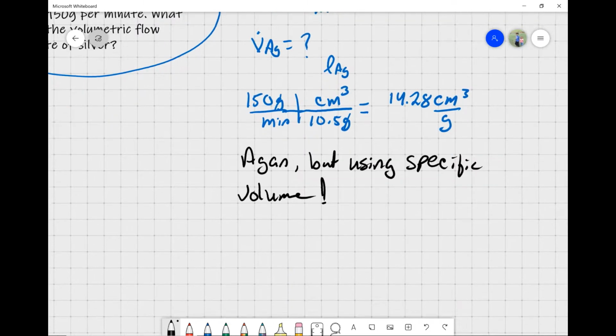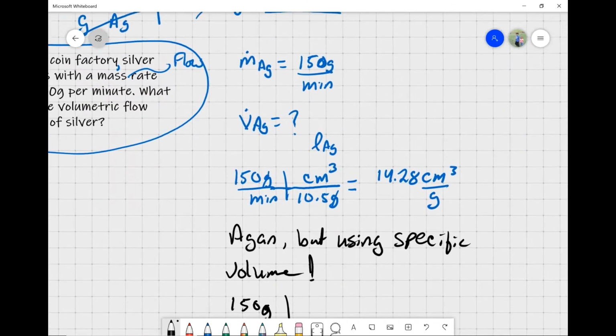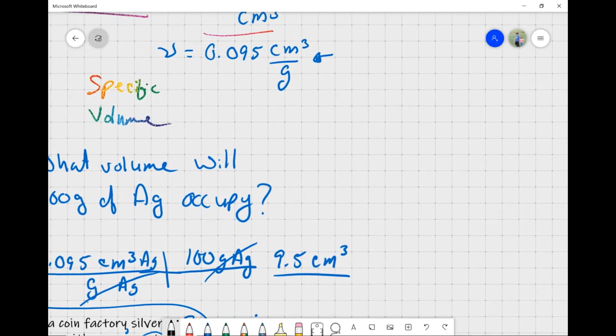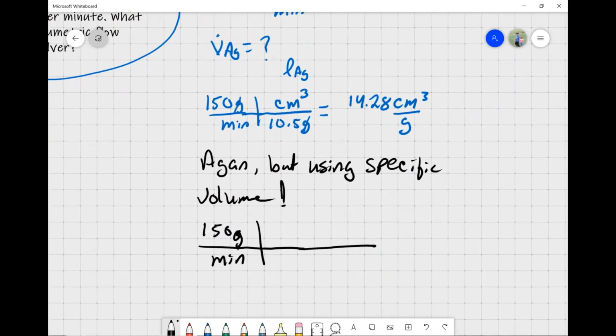So again, but using specific volume. We start with 150 grams per minute, and we have a specific volume this time. Mathematically, it's the same. So 0.095 centimeters cubed per gram.